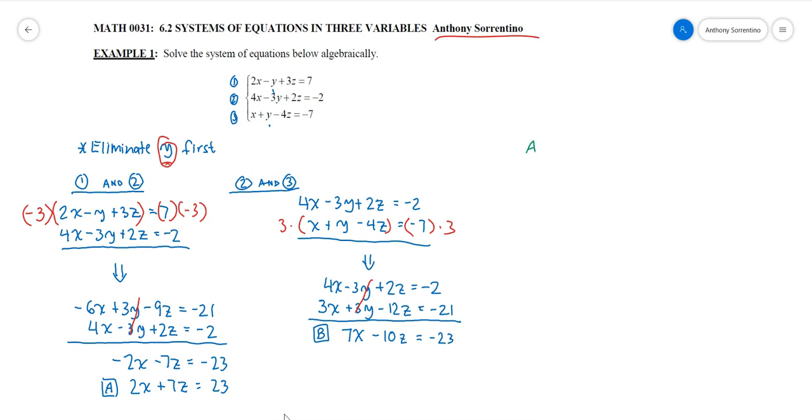So A and B as a system. So 2x plus 7z equals 23. 7x minus 10z equals a negative 23. And I want to solve this system.